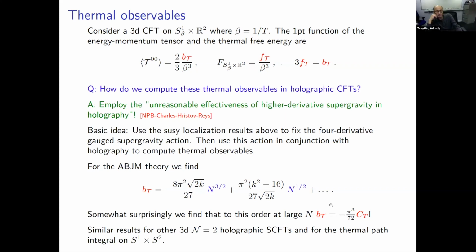I agree. Yeah. So a priori, what we find is that should not happen, at least at this order, for some reason.